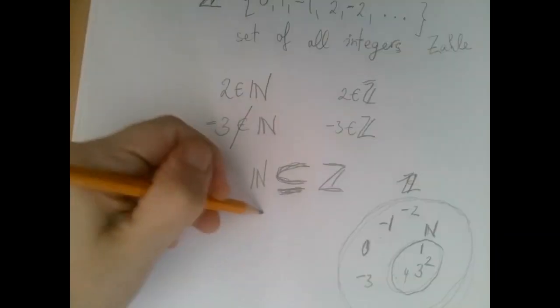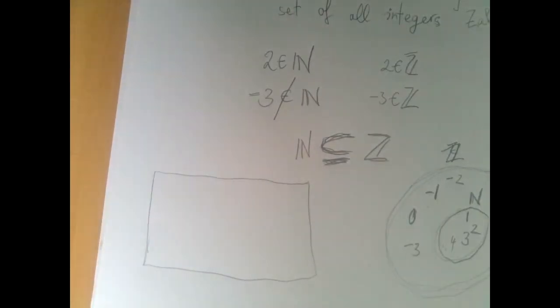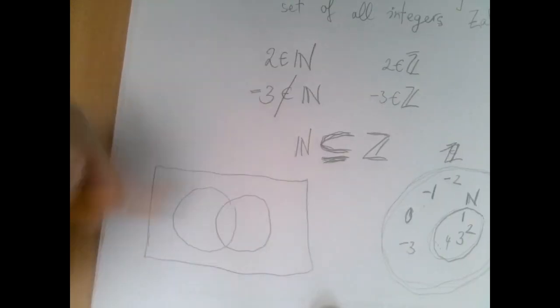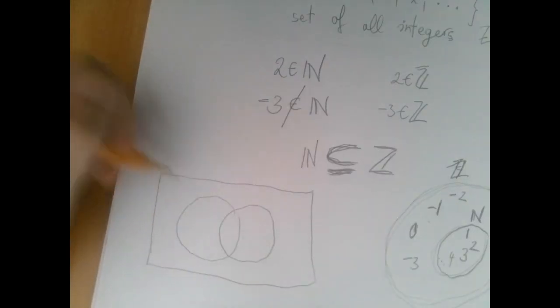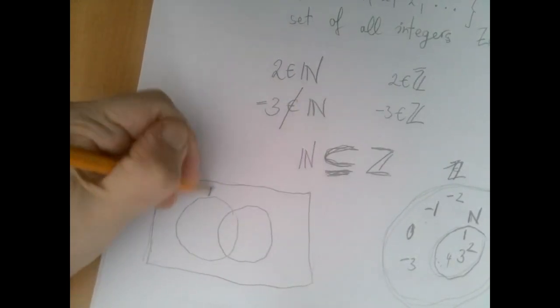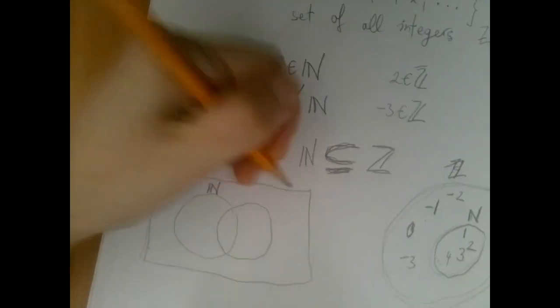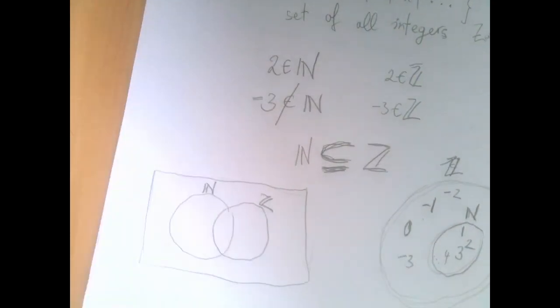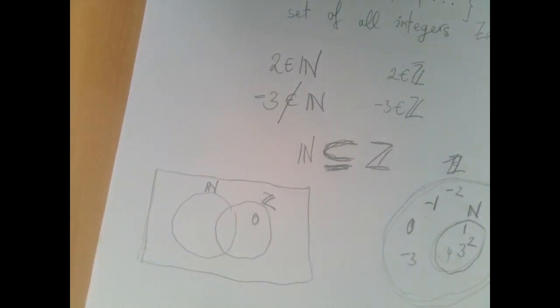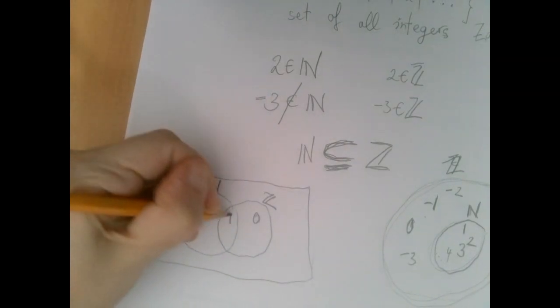If we draw a Venn diagram, well, we would have to first state what the universe is. A Venn diagram usually allows for all possible regions. This doesn't. So we would have to state what the universal set is. It's not that trivial. But if we call this the set of all natural numbers and we call this the set of all integers, 0 would go here because 0 is an integer but not a natural number. Then 1 would go here because 1 is both.